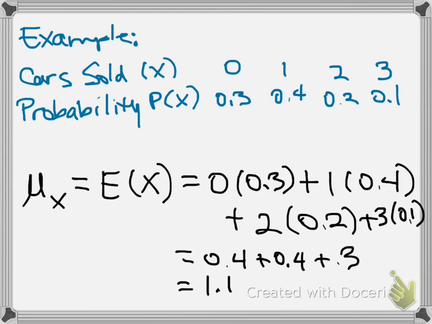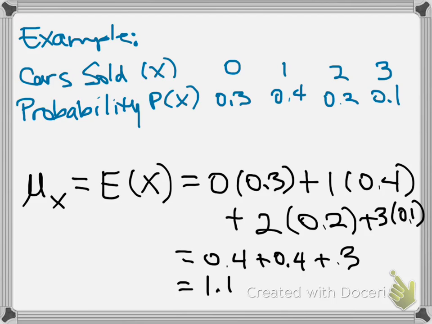Now, of course, selling one full car and 1/10 of a car is not a realistic situation. Remember, this is just an average. So don't be concerned if the mean that you calculate isn't an actual possibility within your probability distribution. It's very likely that it won't be. This simply means that we can expect to sell, on average, 1.1 cars during the first hour of business on a given Friday.